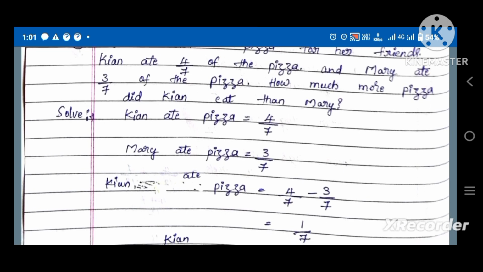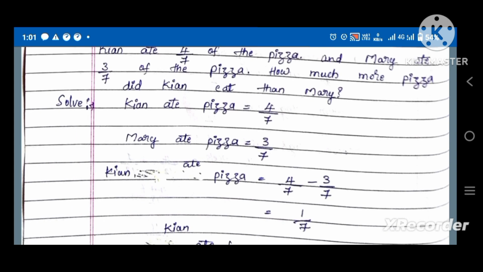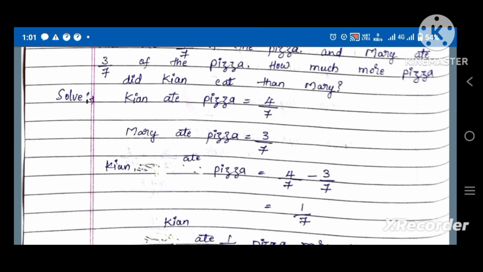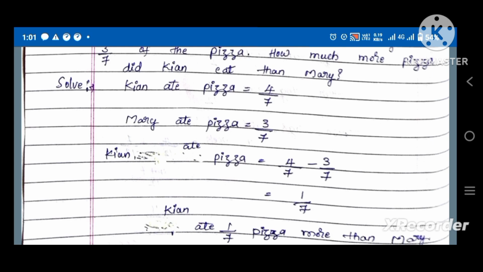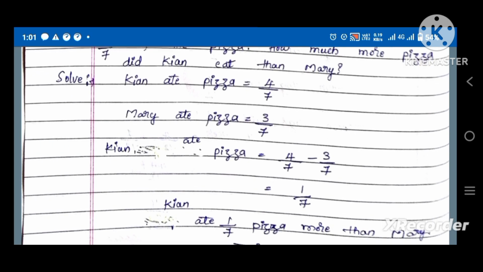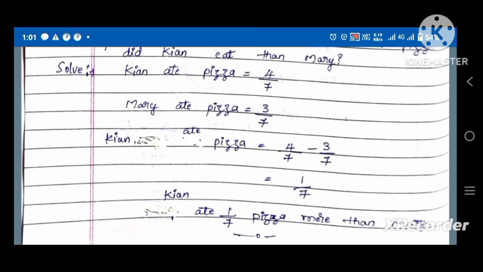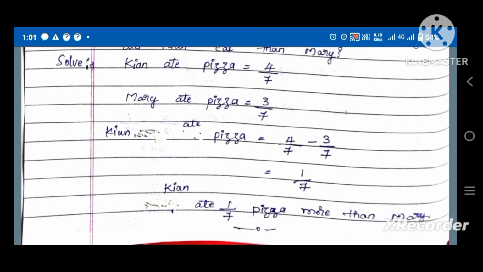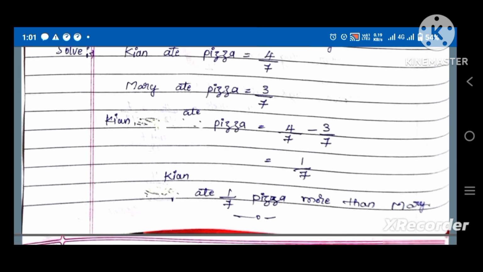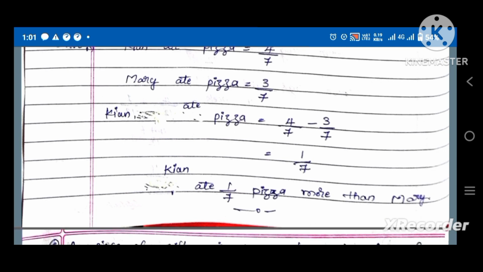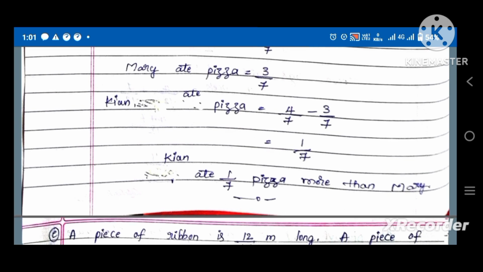Kian ate pizza minus Mary ate pizza is equal to 4 by 7 minus 3 by 7 is equal to 1 by 7. Kian ate 1 by 7 pizza more than Mary.